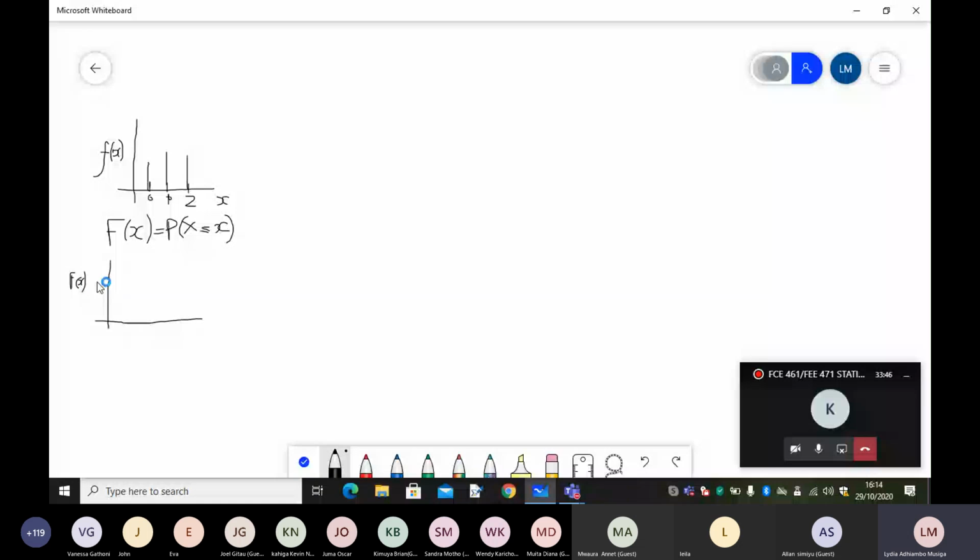So if we have 1 over here, when x is 0, x is 1, and x is 2. Suppose in the PMF, this corresponding value here was 0.3.